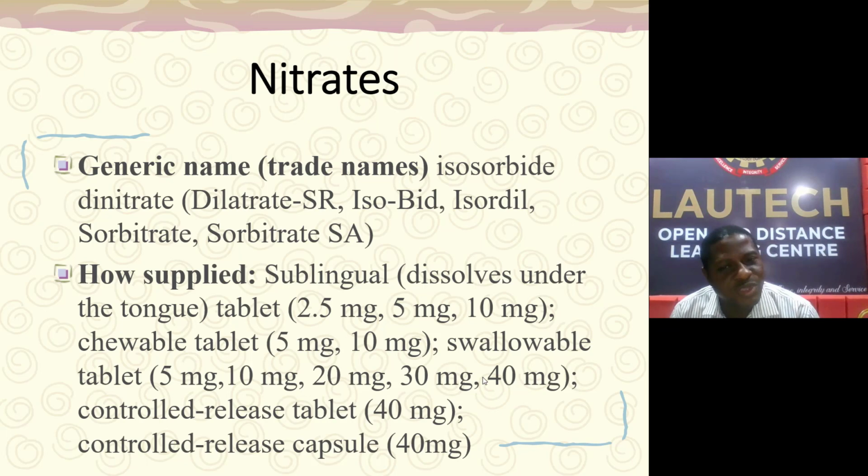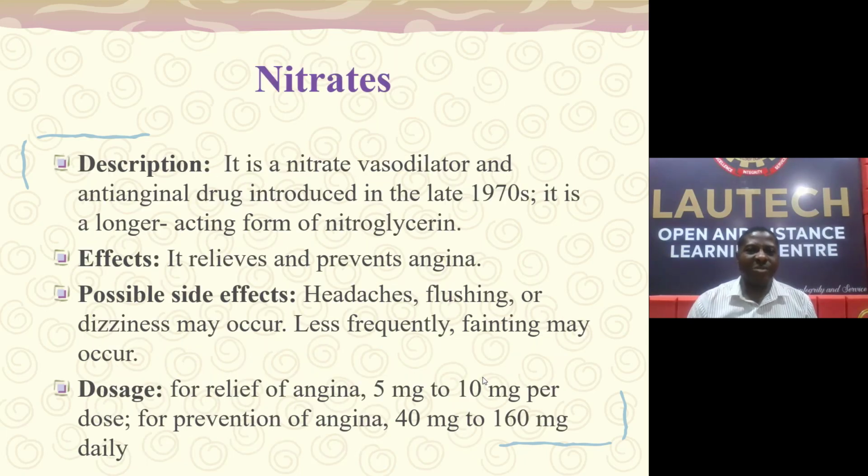Then we have chewable tablets of 5 milligram and 10 milligram. Then swallowable tablets supplied in 5, 10, 20, 30, and 40 milligram. Then controlled-release tablets of 40 milligram, and controlled-release capsules of 40 milligram.